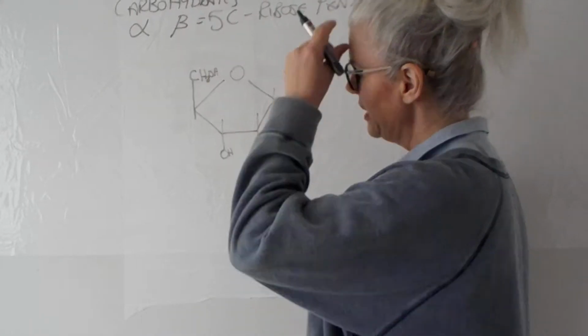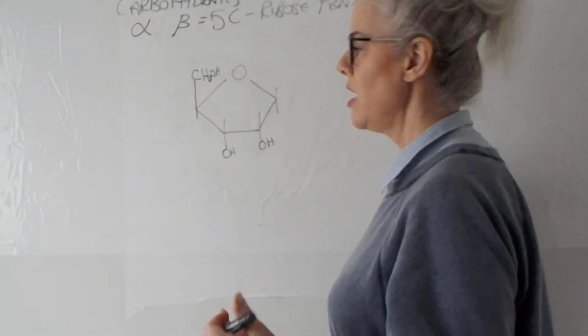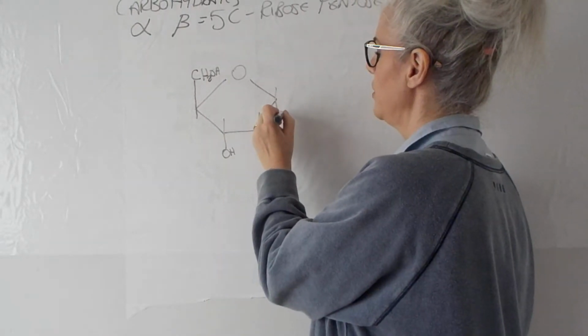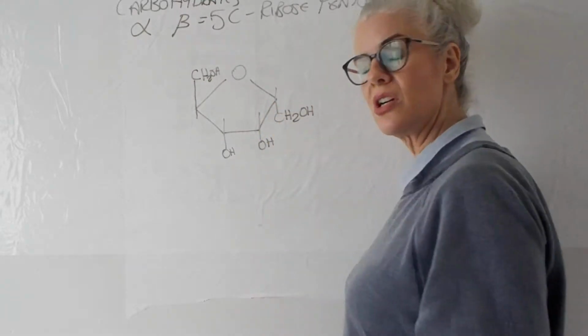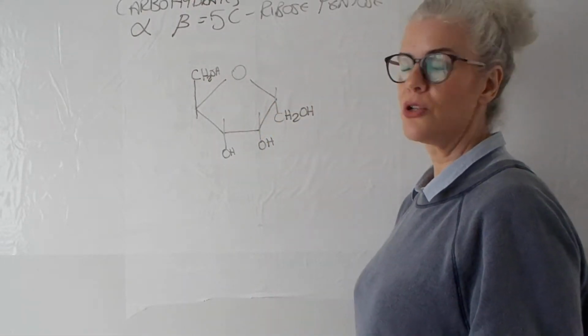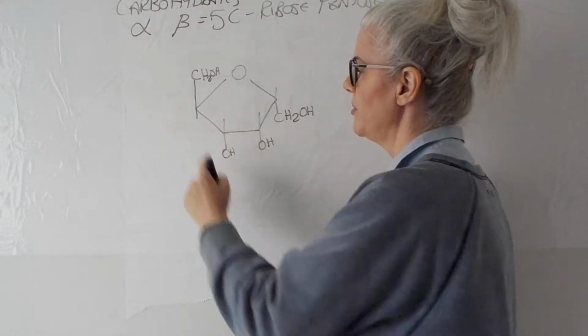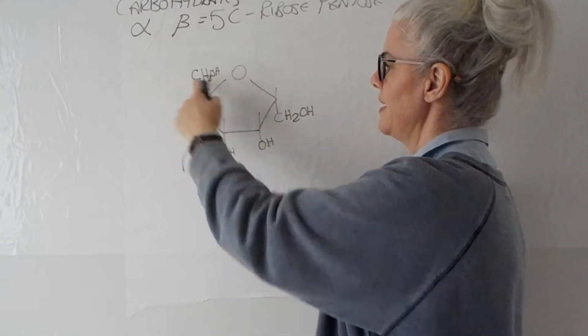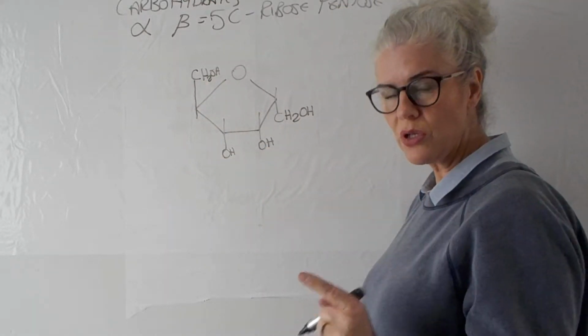Now, one thing they can do is they could give you ribose, or they could give you fructose. Now, fructose looks very similar to ribose, but it has a 6th carbon. So it has 4 carbons in the ring, and then it has 2 carbons outside of the ring. So please always count your carbons.